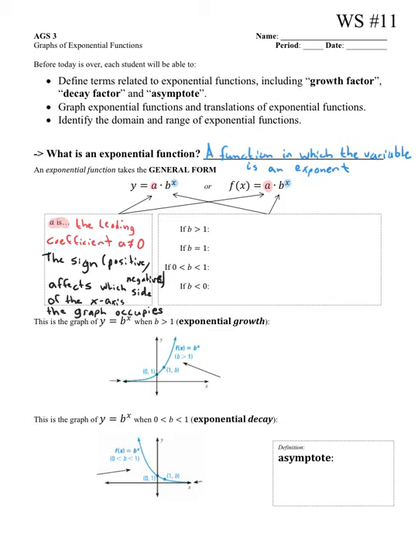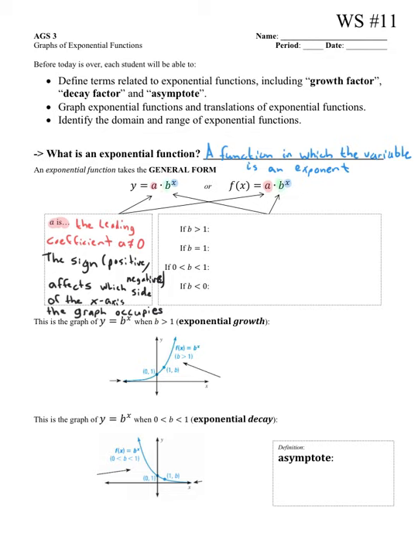So if the sign's negative, the graph will usually be below the x-axis. If the sign is positive, the graph is usually above the x-axis. And we'll talk about that in a minute here as well when we look at an actual graph of it.